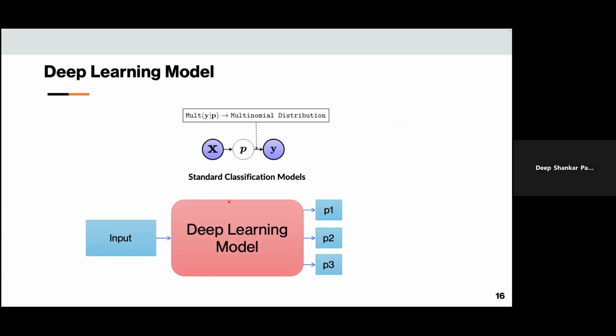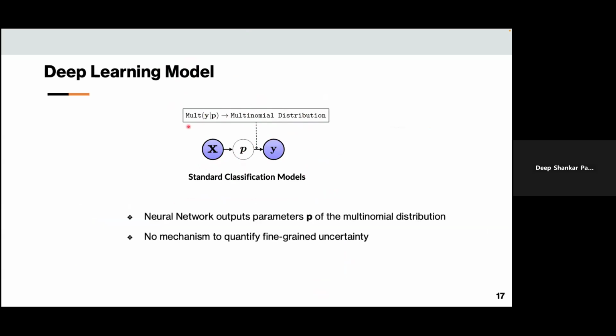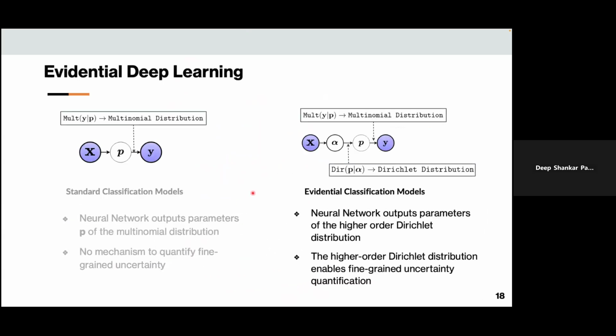So if we go back to deep learning models, the deep learning models take an input and output probability scores. So this is basically a graphical diagram of standard deep learning models. They take the input, they output the probability scores. But just based on this score, there is no mechanism to quantify the fine-grained uncertainty for these models. Now, the evidential deep learning framework improves on this model by introducing a higher order distribution.